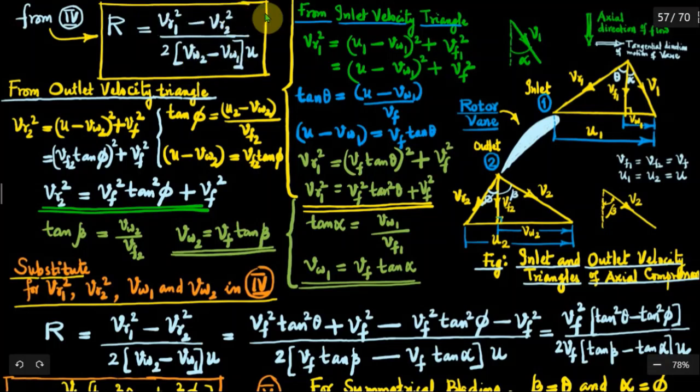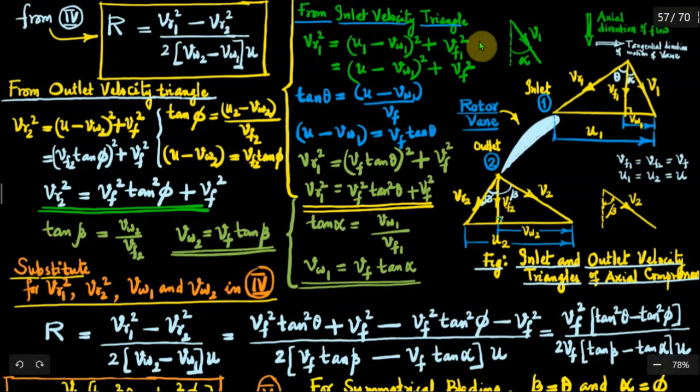We are going to replace all these four terms, VR1 square, VR2 square, VW2 and VW1, in terms of the axial flow component. That's very important. The most important basic parameter in the context of the axial flow compressor is the axial flow velocity, which we know is constant throughout the flow from inlet to outlet of the axial flow compressor.